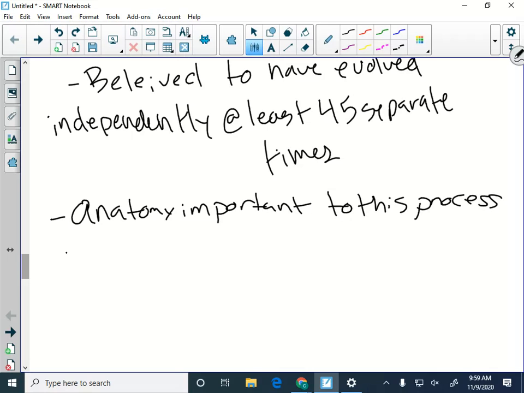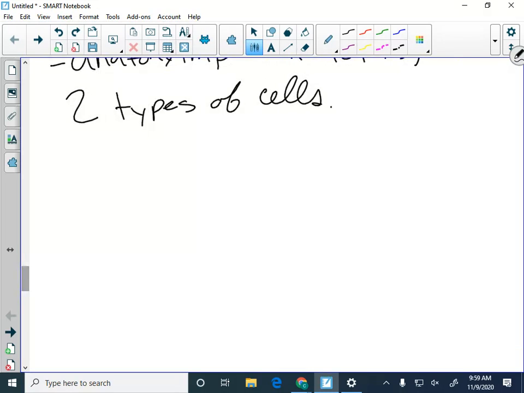And the specific anatomy is 2 types of cells. They have 2 types of cells that help them carry out this process. They are mesophyll cells and bundle sheath cells.